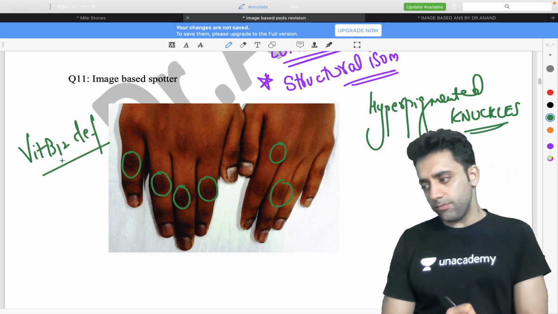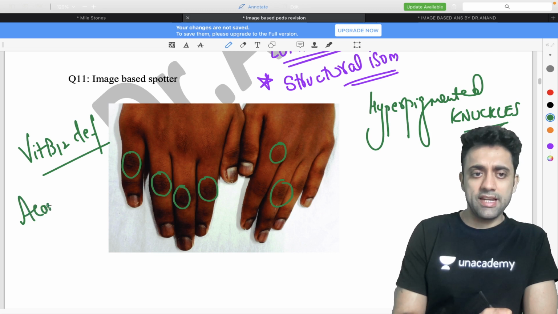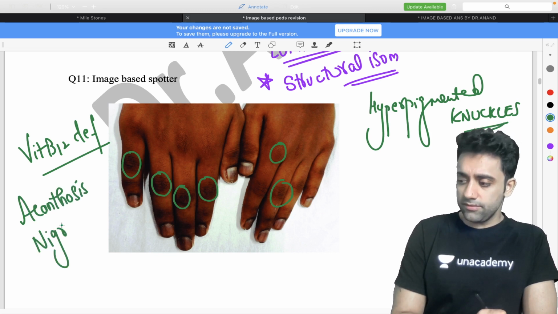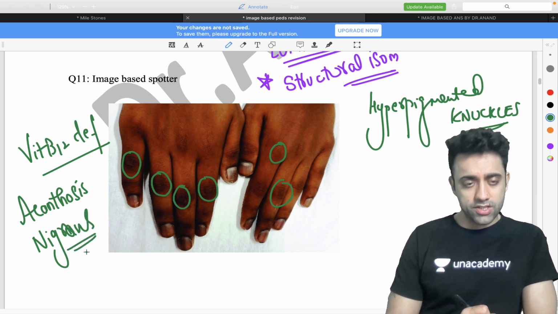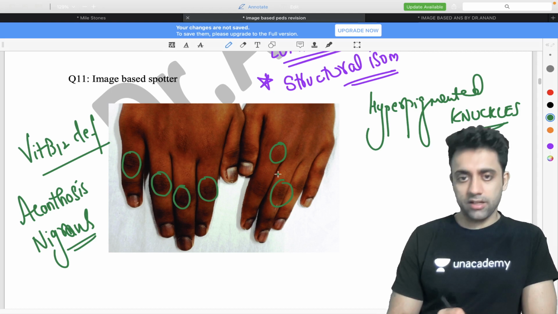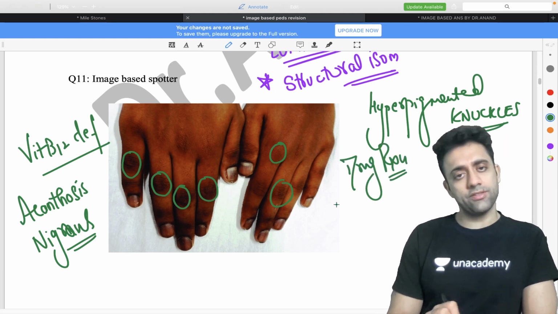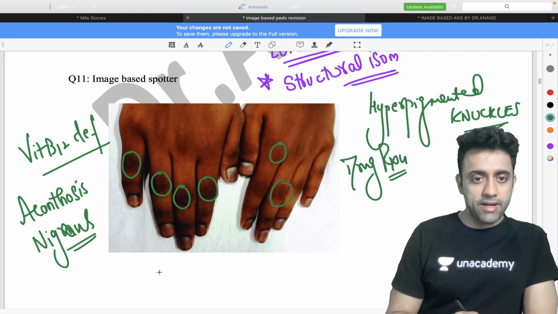So number one, vitamin B12 deficiency can cause hyperpigmented knuckles. There is a condition known as acanthosis nigricans, which causes hyperpigmented knuckles. Even some cases of drug reactions can cause hyperpigmented knuckles. And dermatomyositis.